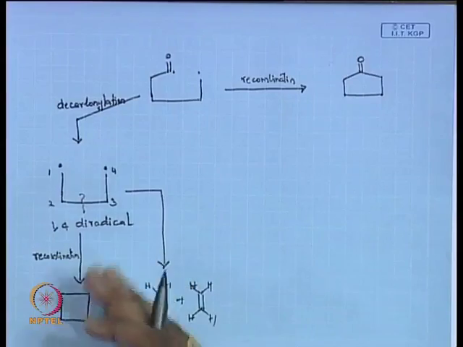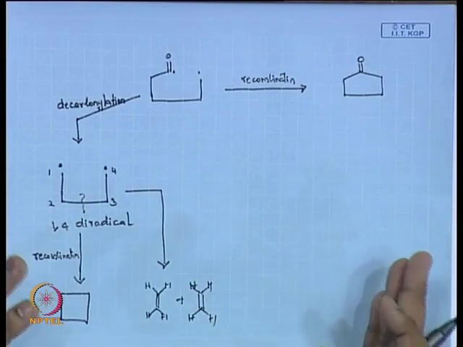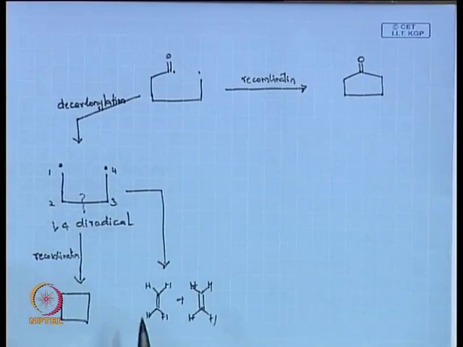Okay, so that's why, like cyclohexanone. Once you take cyclohexanone, immediately you can think about formation of a 1,4-diradical pentanone system.